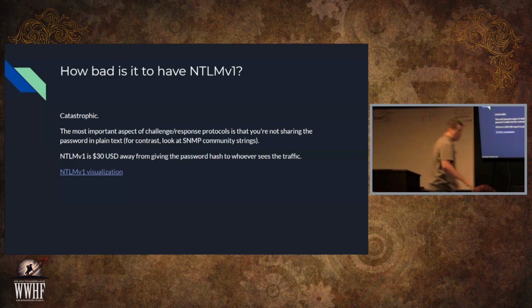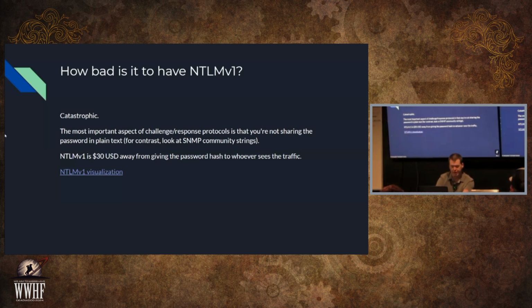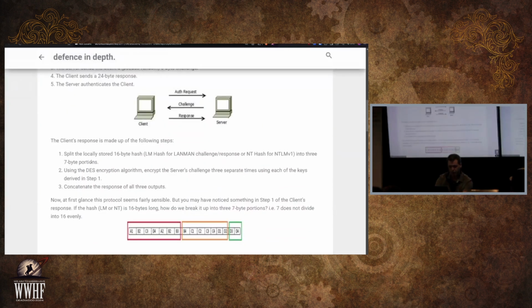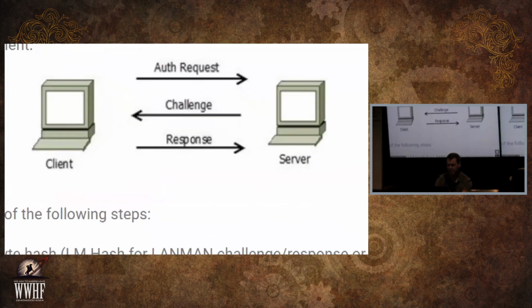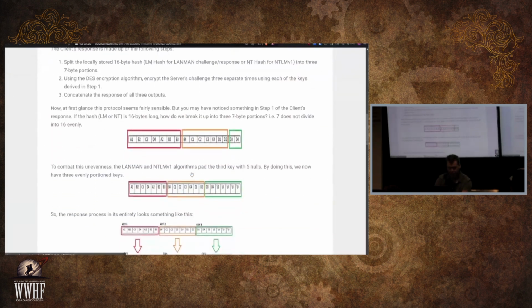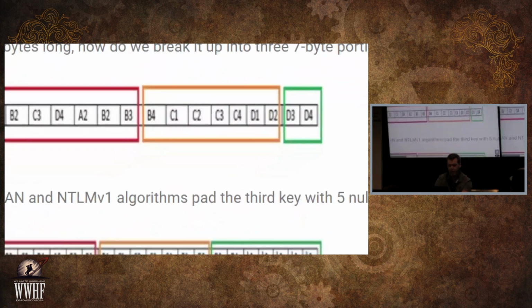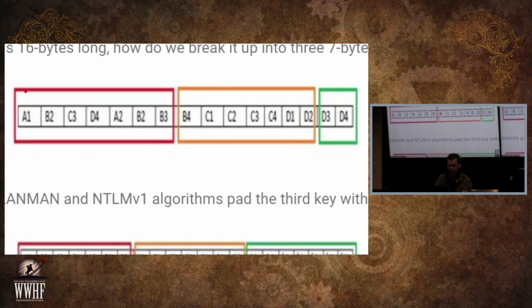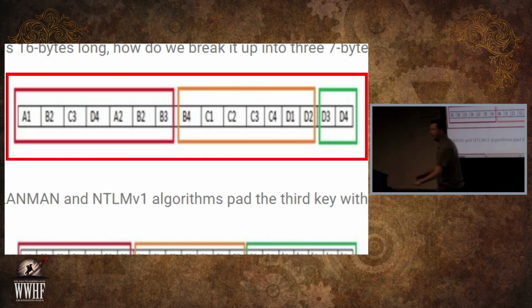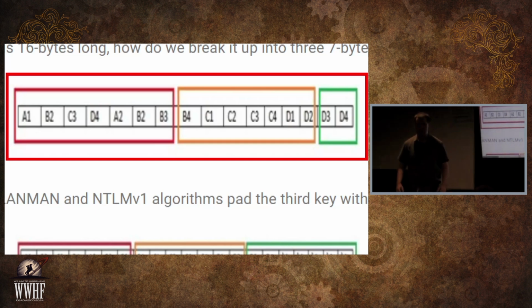All right? So a quick visualization here. Blah, blah, blah, right? Challenge response. That's the pretty important part. And here, the challenge and response is here. Take these 21 random bytes and spread out your NT hash over these random bytes and give me the response.